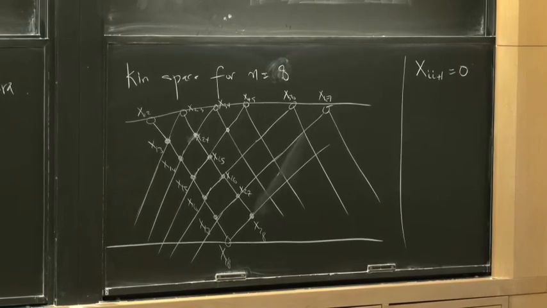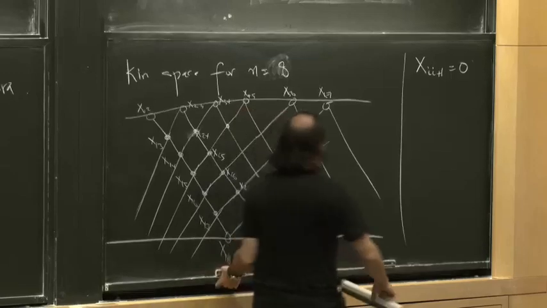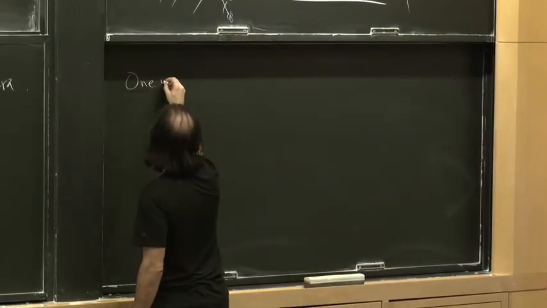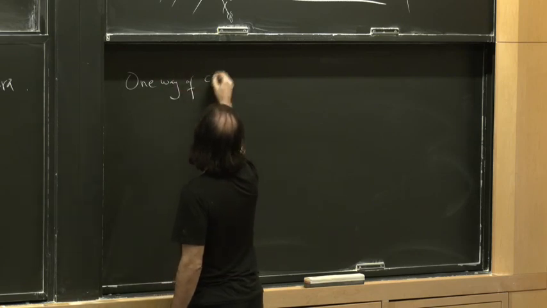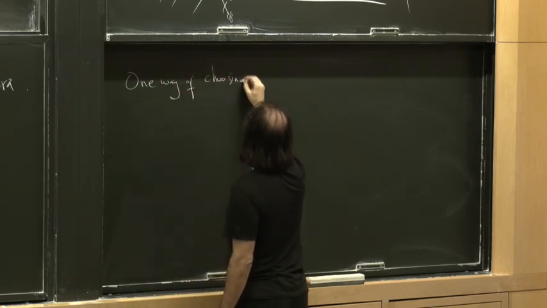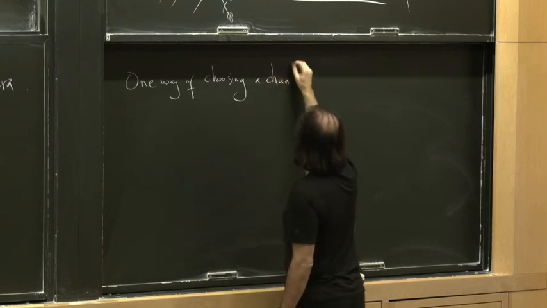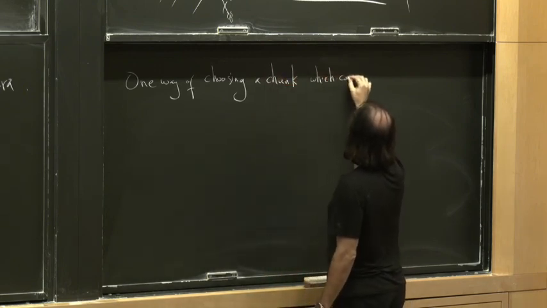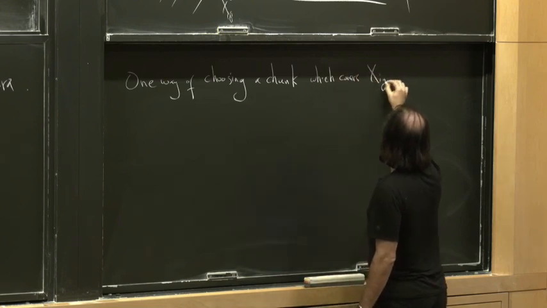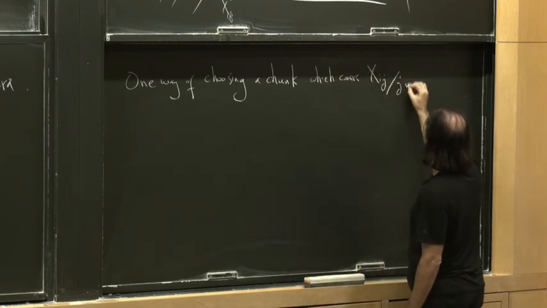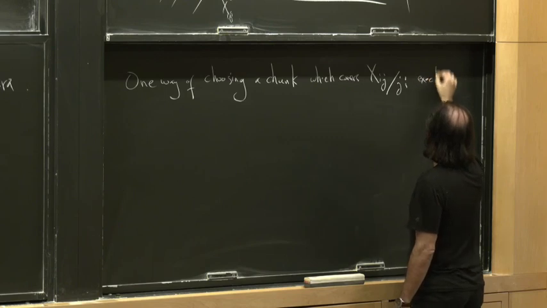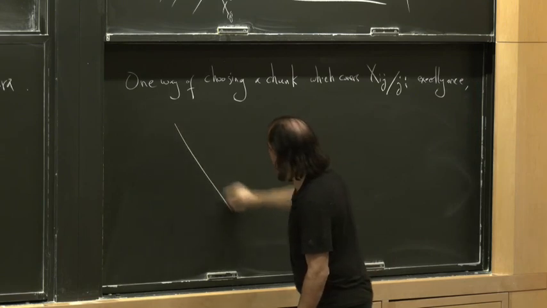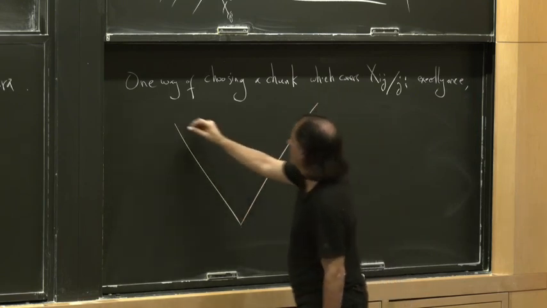But one way of choosing a chunk which covers xij versus ji just exactly once is to, for example, take this.